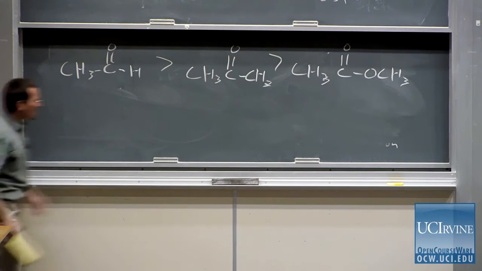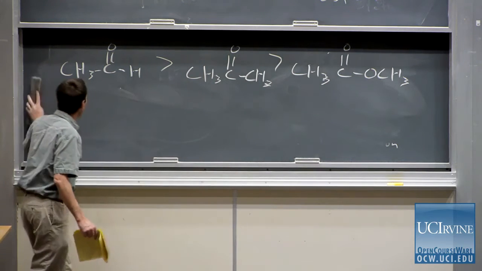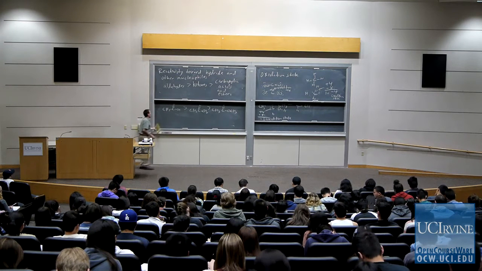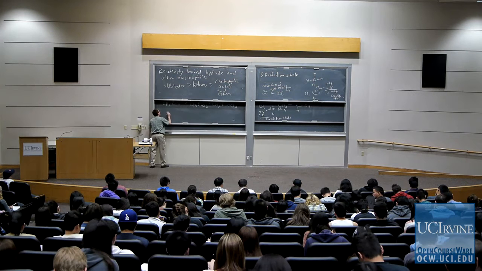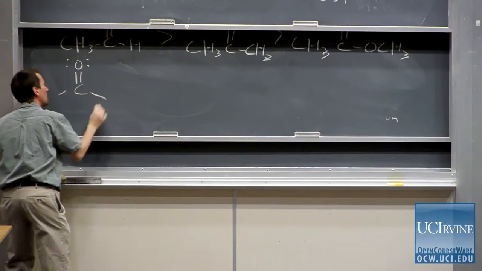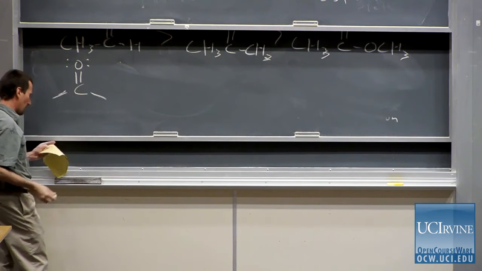So why can we think of it this way? Well, think about our resonance structures. For a carbonyl group, we have two resonance structures that we need to worry about in general.